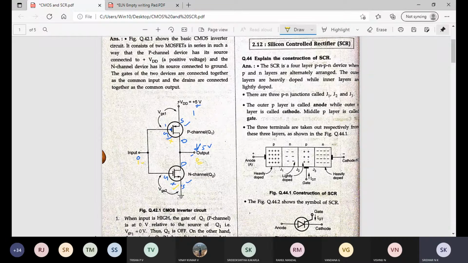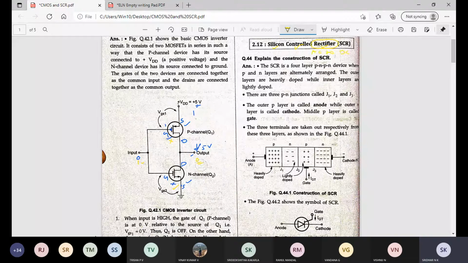This is a very important topic. SCR is nothing but silicon controlled rectifier. What is a rectifier? A rectifier is a device which converts AC to DC.